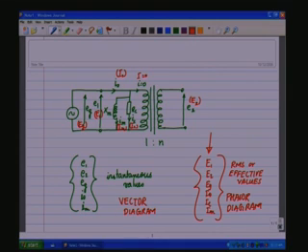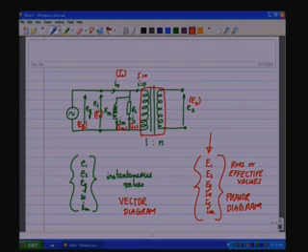Okay, now coming back to the transformer, this is the ideal transformer, and to it we have attached two components, the core loss component and the magnetizing inductance component or the magnetizing reactance component, which indicate two non-idealities.